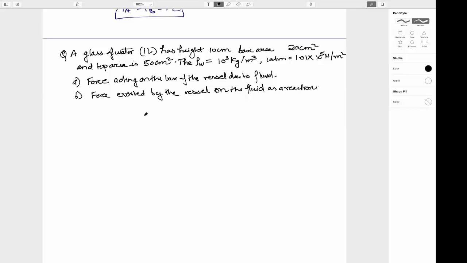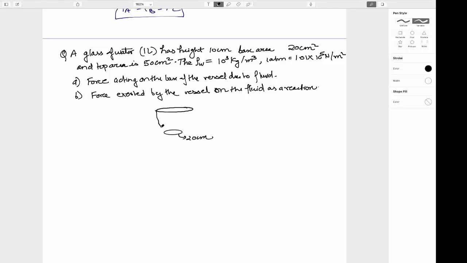Okay. So just for your simplicity, it is not given, but because we have been given base area is 20 centimeter square, I will make the diagram. The base area is 20 centimeter square. Top area is 50 centimeter square.